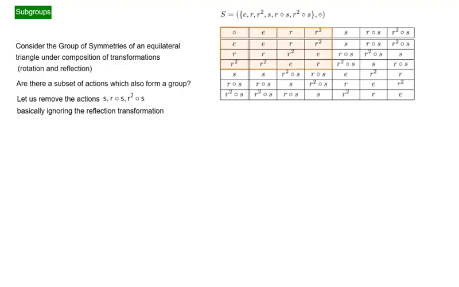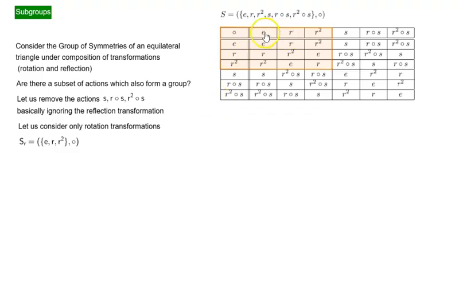And we are left with this subset of the entire set. So we have only the rotation transformations being considered, which means SR is equal to the set E, R, R square under composition of rotations.